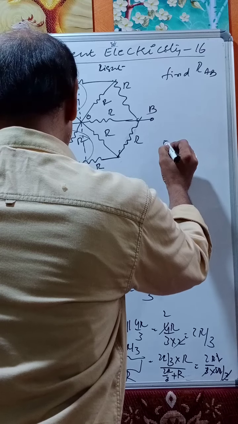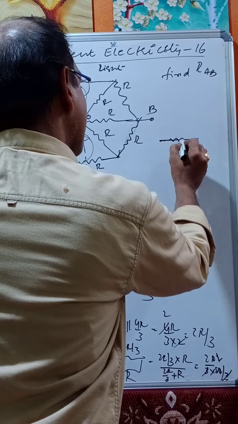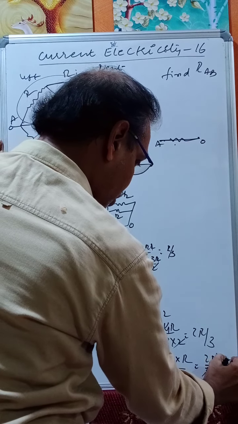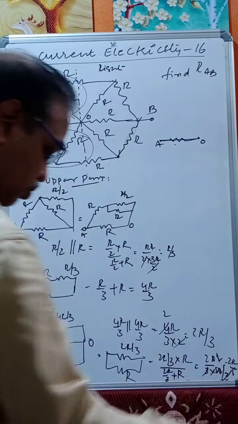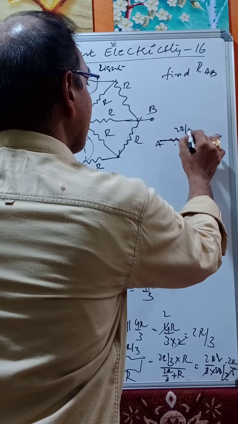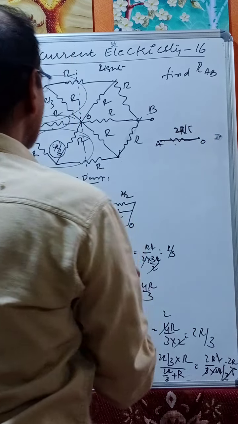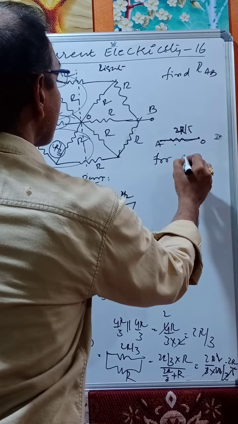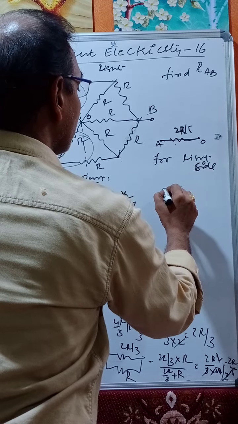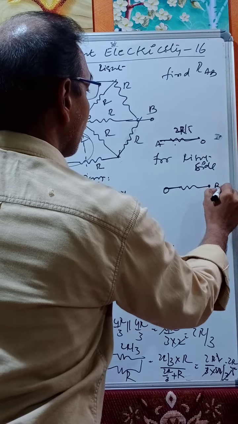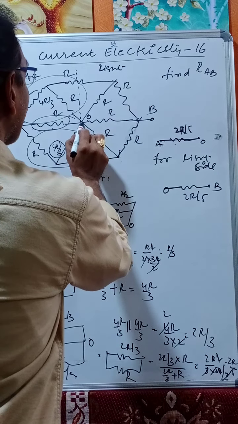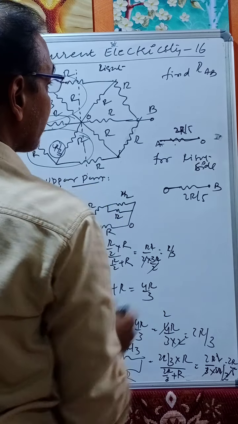Therefore, the resistance between A and O is 2R by 5. Similarly, for the right side, from O to B, we again get 2R by 5.